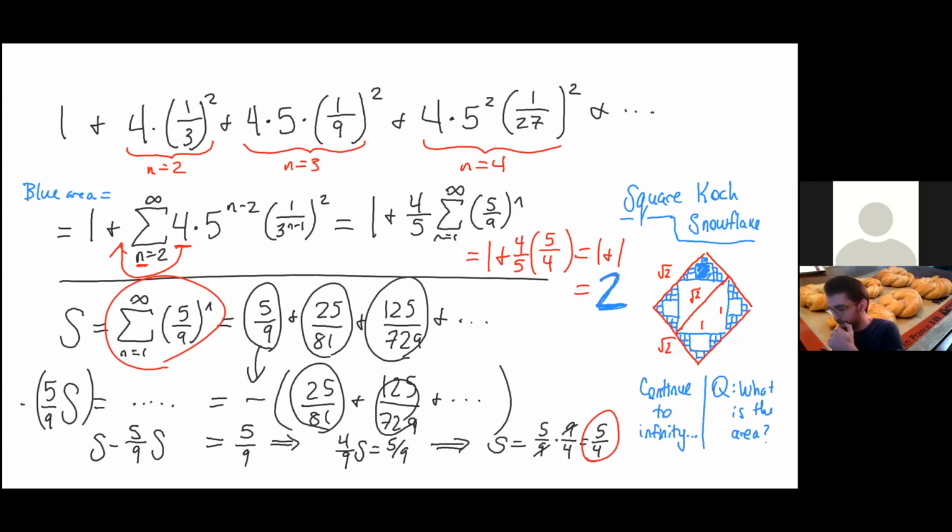But yeah, you got that the area of the square Koch snowflake is literally 2. That if you take infinitely many squares and do this iterative process, you get a diamond, which is a square. So the square Koch snowflake is square at every iteration, and it's square in the limit. Its area is 2. Cool.